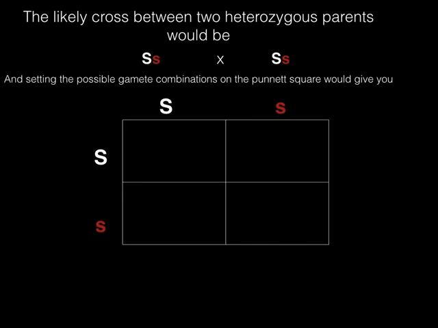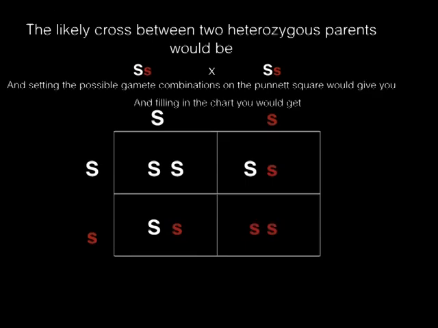One parent would contribute a dominant and a recessive to the top, and one parent would contribute a dominant and a recessive to the side. If we fill in that table, the offspring produced by this cross would be a homozygous dominant, two heterozygotes, and a homozygous recessive, just like the Punnett square we would normally think of.